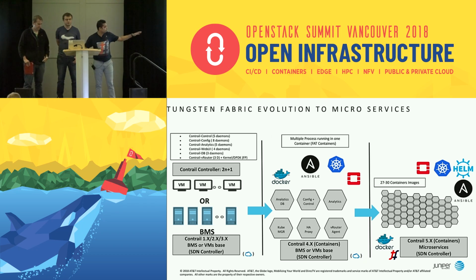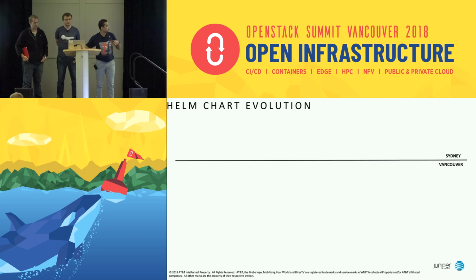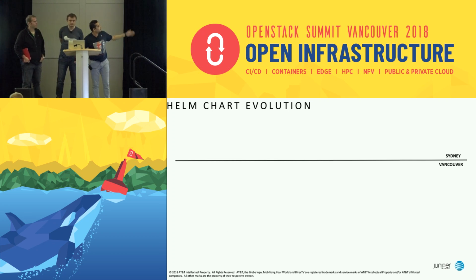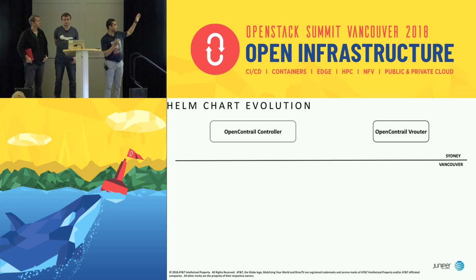Now, when our project and the architecture evolved, we also evolved our charts. If you look at the upper side of the x-axis, you will see how we started way back when we did our demo in Sydney. We had two charts, the OpenContrail controller and the vRouter.